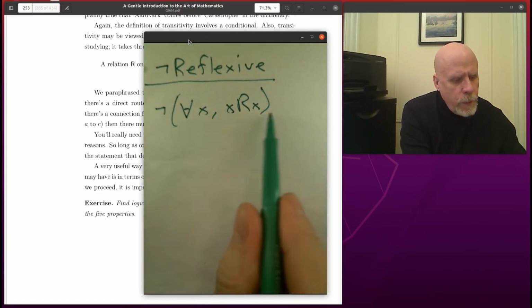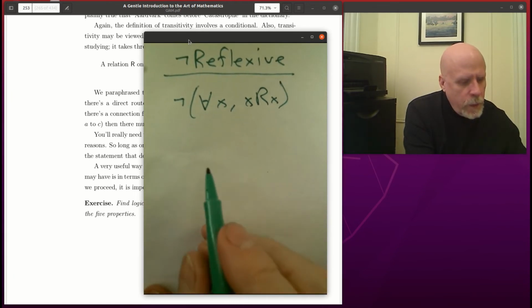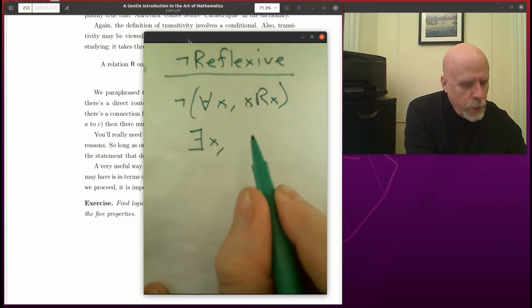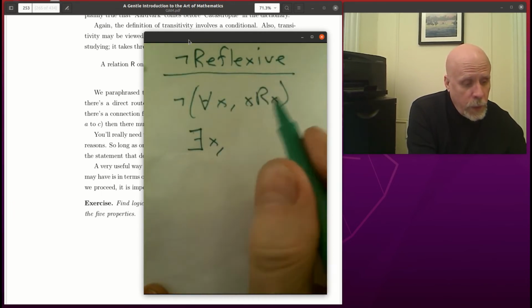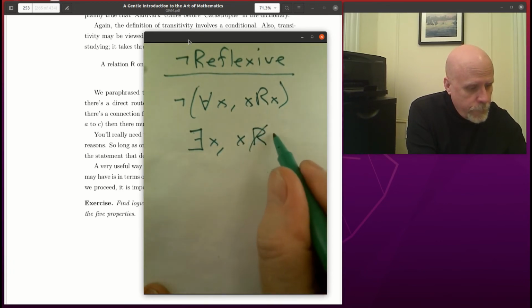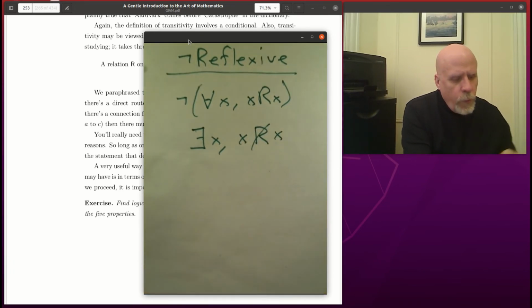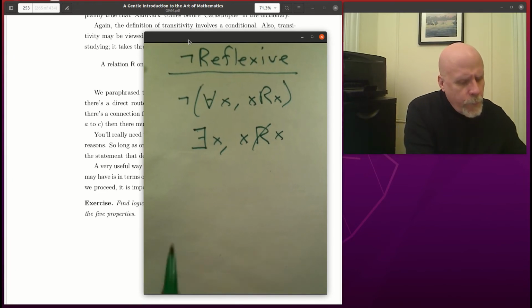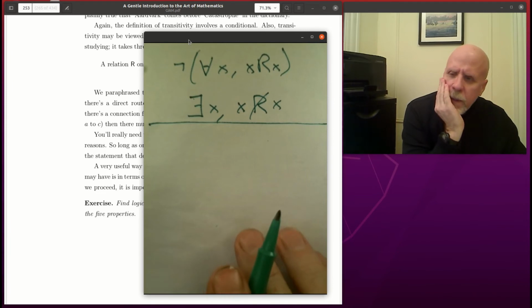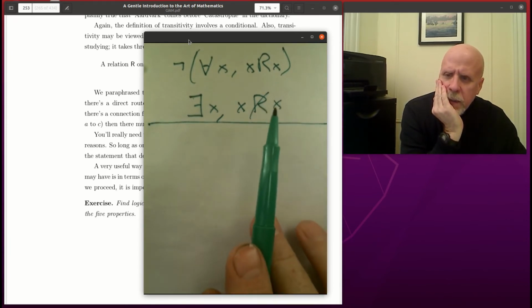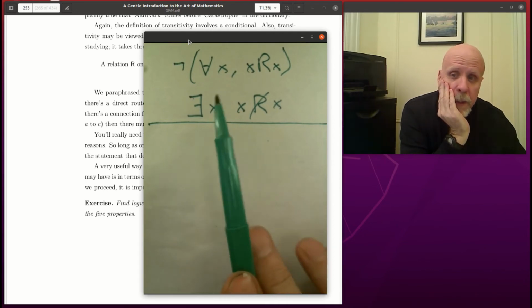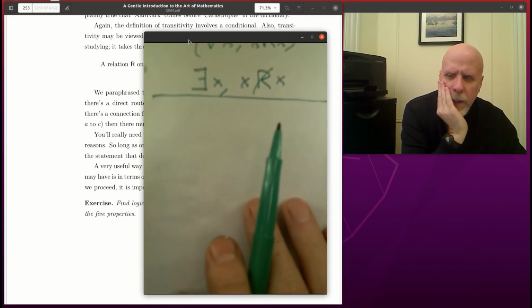How do we negate a universal sentence like that? You turn the quantifier into the other type, and you negate the thing. And negating a relation is pretty simple. You just put a slash through it. So, okay, that's one. What does that say? There is an x so that x is not related to x. Or if we're looking at the diagram, there's a point that doesn't have a loop at it. Oh, we'll come back to these.